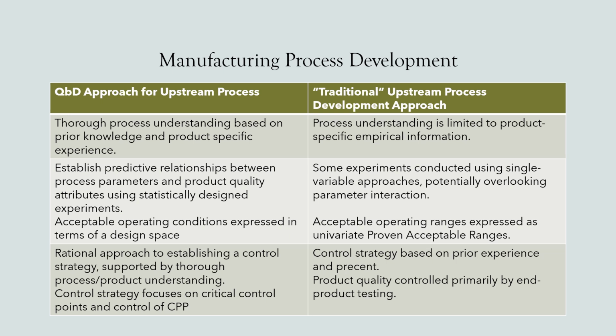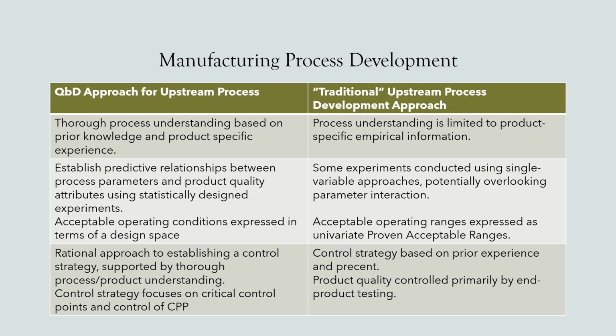So for quality by design, you have predictive relationships for process parameters and quality attributes, and you use statistically designed experiments, and you then propose your acceptable operating conditions, and these are expressed in terms of the design space.